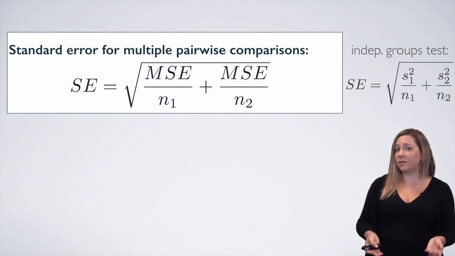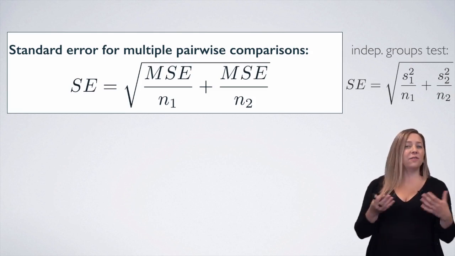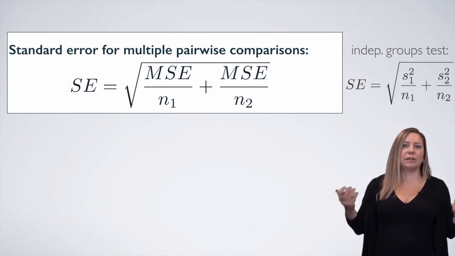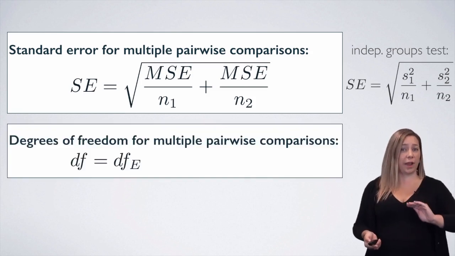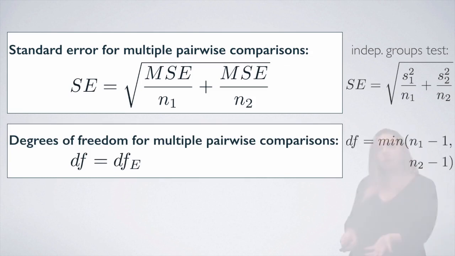If indeed the constant variance condition is satisfied, this value should be very close to your group variances anyway. And the consistent degrees of freedom is going to be the DF error from the ANOVA output, as opposed to the minimum of the sample sizes minus 1 from the 2 groups that we're comparing.